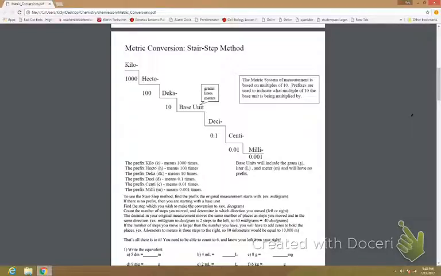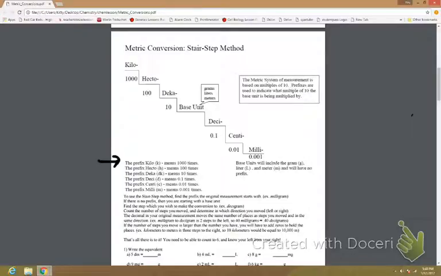So there's this handy-dandy little stair-step method in order to convert using all of the following metrics. So if you look, you can see kilo, and hecto, and deca, and deci, and centi, and milli.